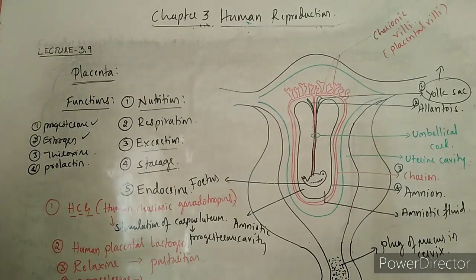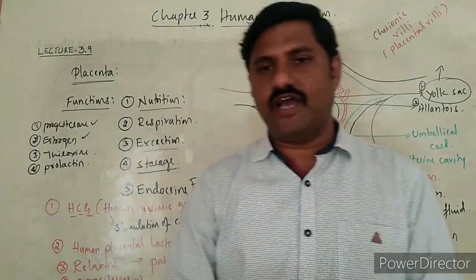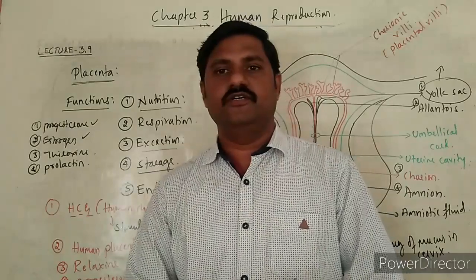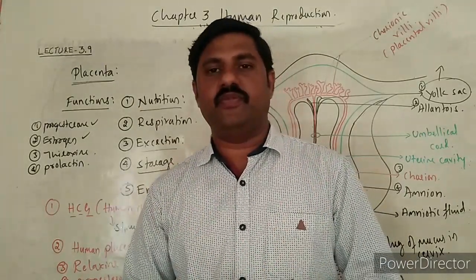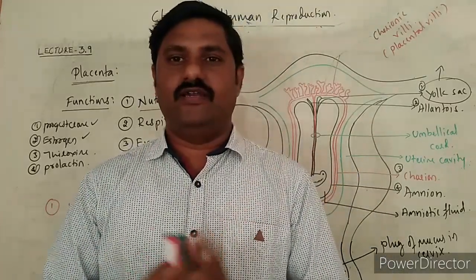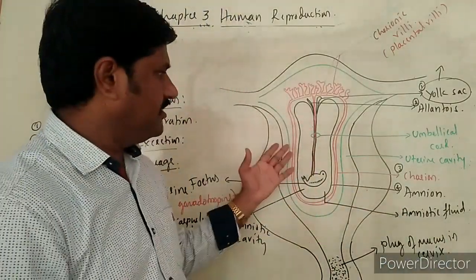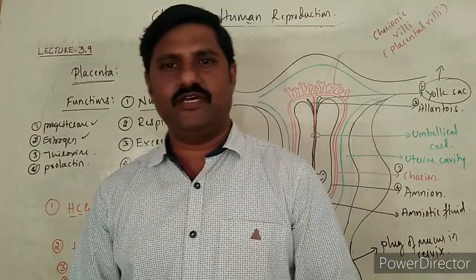Thyroxine is there, prolactin is there. Such additional hormones are also essential to be secreted in more amount, so as to maintain the normal growth of the developing embryo or the baby itself, and so as to bring about some changes in the maternal tissues, right? So these hormones are essential over here.